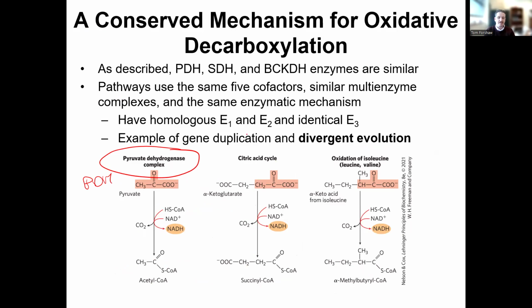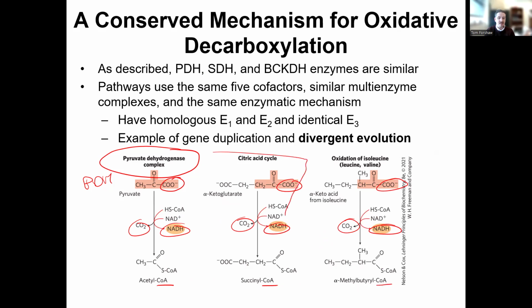And you can see that the mechanism is quite similar, in that you're causing this oxidative decarboxylation each time, with loss of CO2, each time generating NADH by the reduction of NAD, each time generating the CoA adduct.